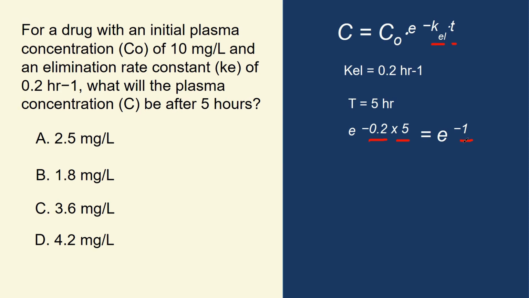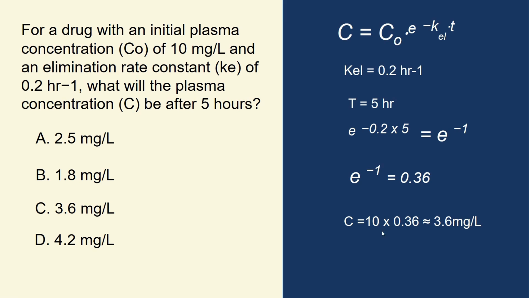So you have the exponent of minus 1. Now use the calculator: enter the minus, then 1, and then press the exponent sign. It gives you 0.36. And once you get that 0.36, then you have C0, the initial concentration, which was 10.